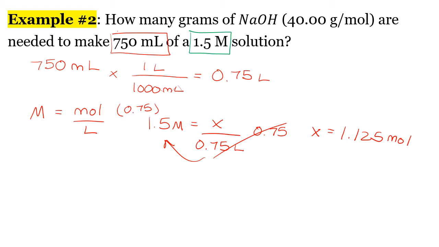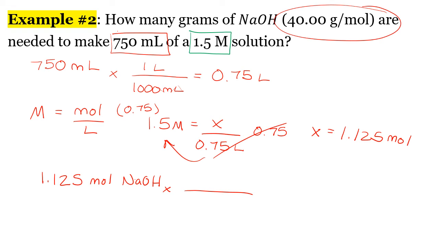And now we just need to take that molar amount, 1.125 moles of sodium hydroxide, and we're going to convert that. So in the question, it even tells us, to make life easy, there are 40.00 grams of sodium hydroxide for every 1 mole of sodium hydroxide.